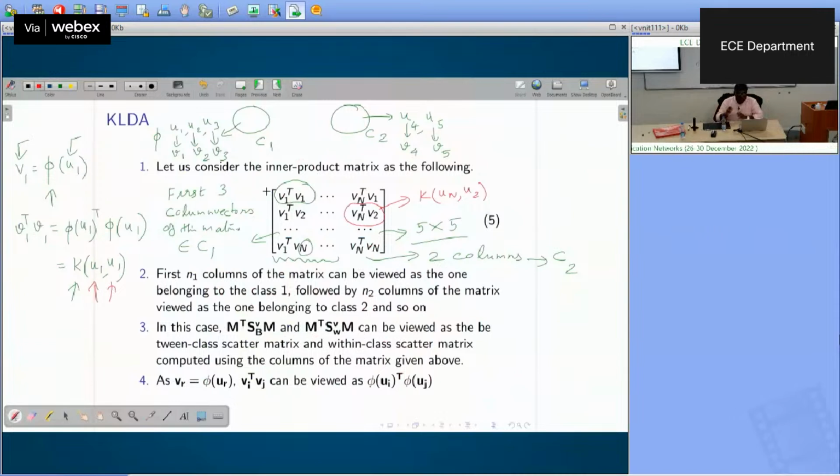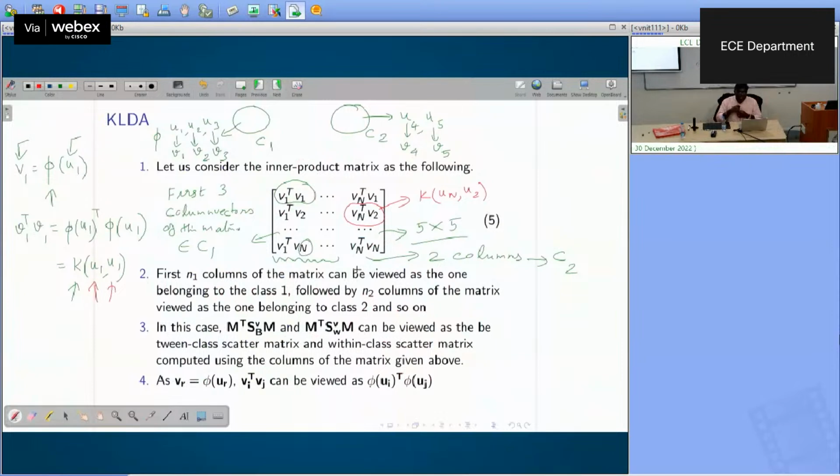Got it? You are given the U's. Using the U's, you are going to find this matrix. Elements of this matrix are K of U1 comma U2, you got the point? So all the elements are going to be filled up with K's: K of U1 comma U1, K of U1 comma U2, up to K of U1 comma UN, like that.